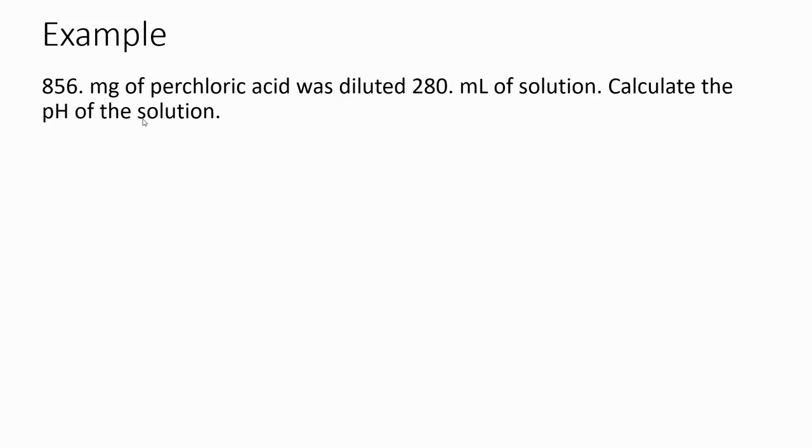Okay, the third step is we need to find the concentration. Remember, our concentration is moles over volume in liters. So we have this number, moles of H+, over our liters. This is not in liters, so we need to convert to liters.